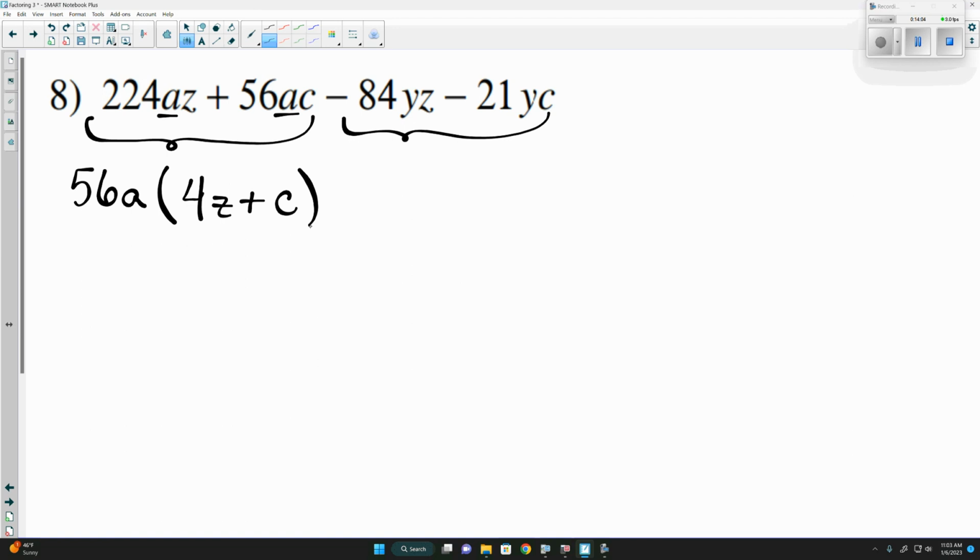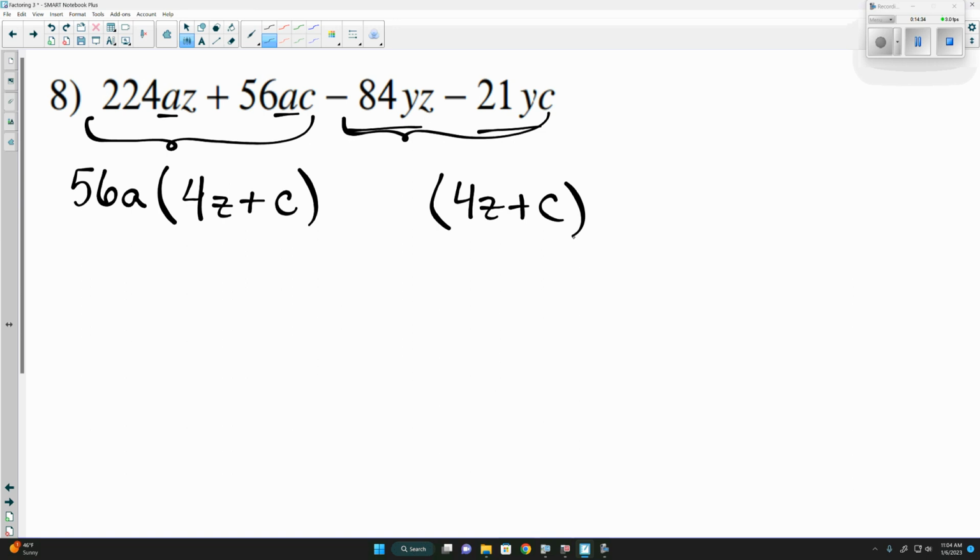So for the other one, negative 84yz minus 21yc, we need to factor something out of both of these here to get to 4z plus c. Because if we're going to be able to do the next step, we need those to be the same. Now, this is kind of helpful because at this point here, without knowing this, we'd have to go through and figure out the greatest common factor between these two and work it all the way out.